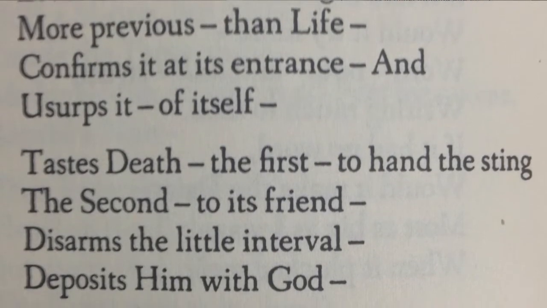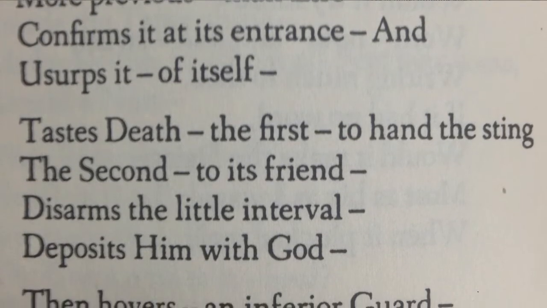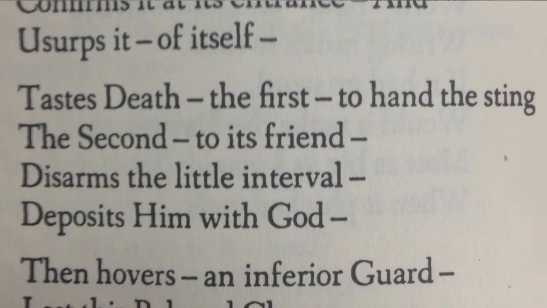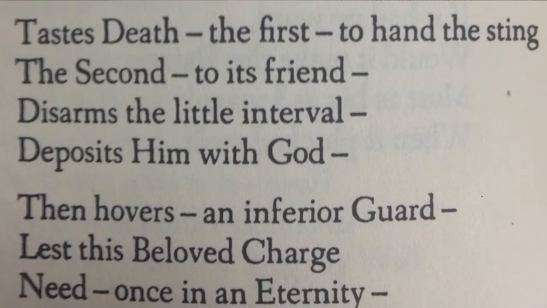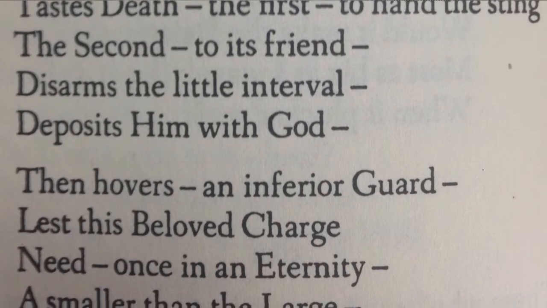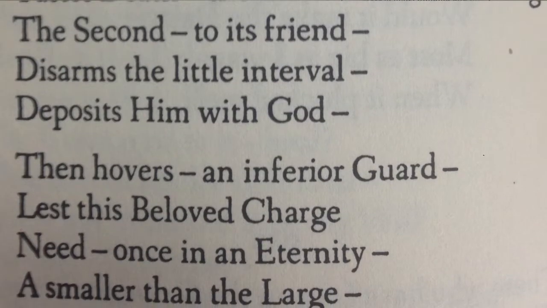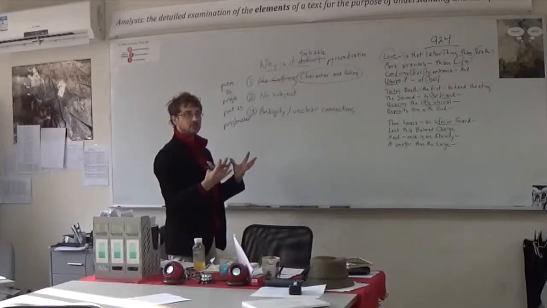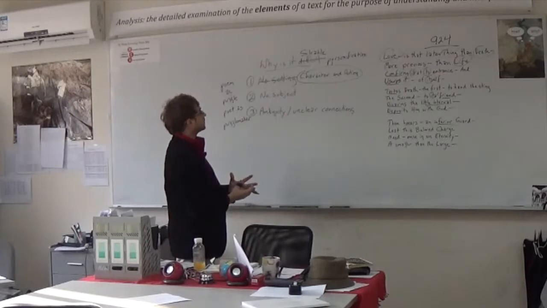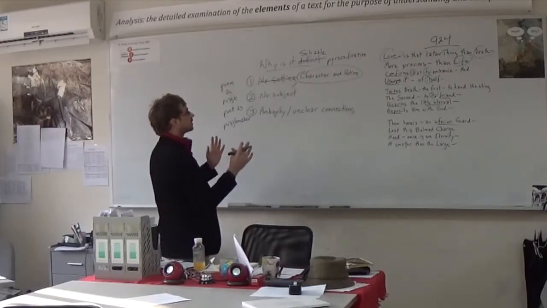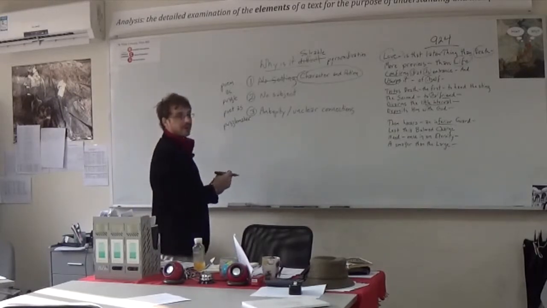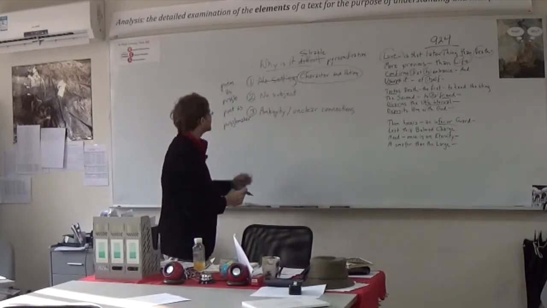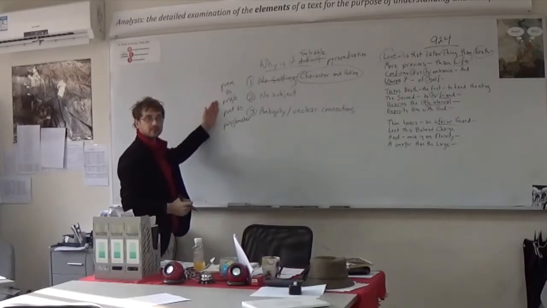But she has presented it as if it has the ability, for instance, to taste, the ability to hand, all right? It's given the ability to do things. And if it's true, what I'm going to argue, that this is a poem about love, well, then it makes sense to present it as a puzzle.